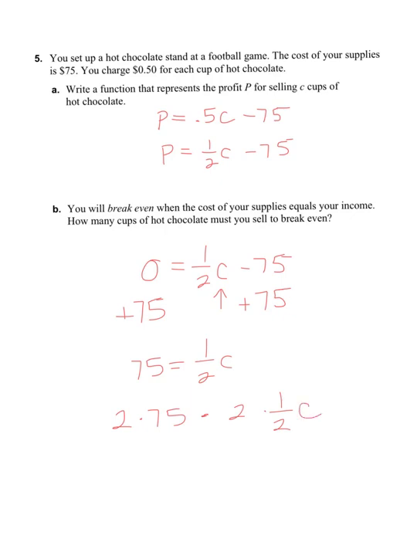So 2 times 75 is going to be 150. And half of 2 is 1. And so the answer is, how many cups of chocolate must you sell to break even? The answer is you have to sell 150 cups. And that's how you would complete this homework assignment.